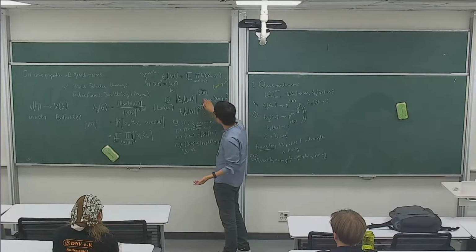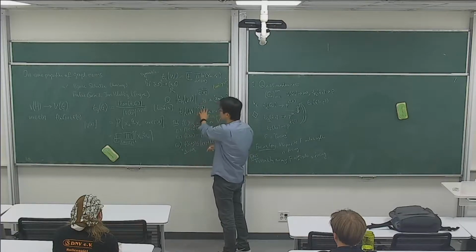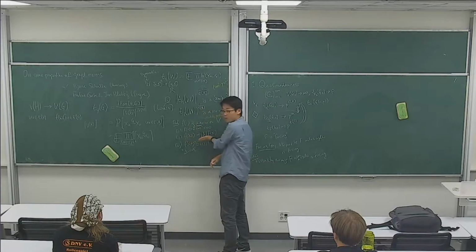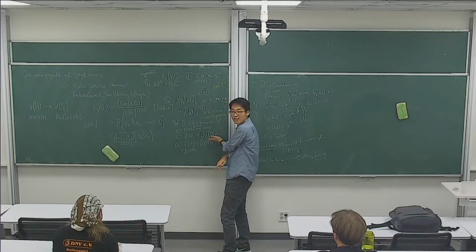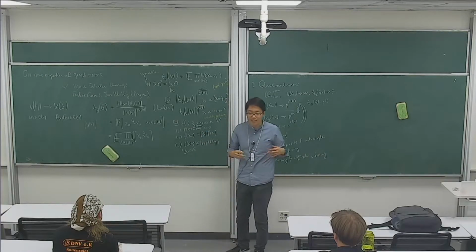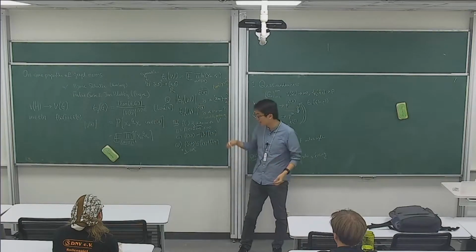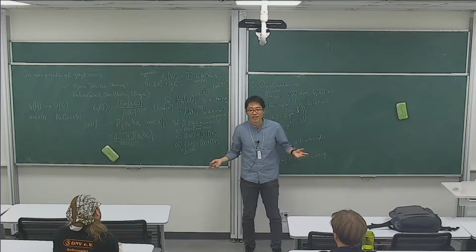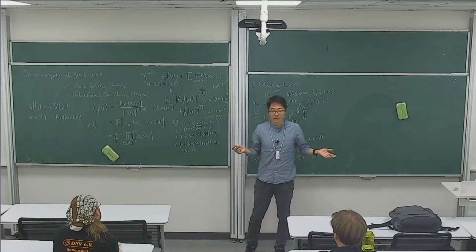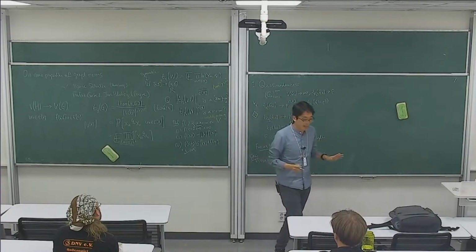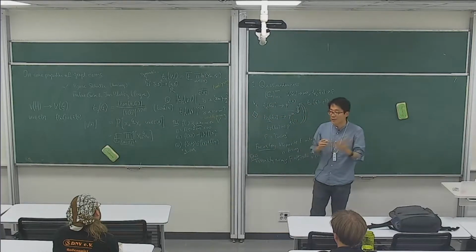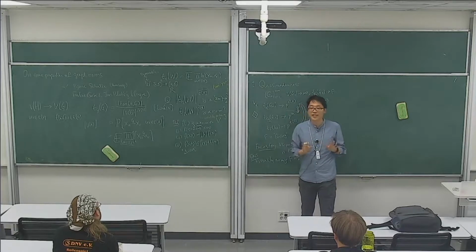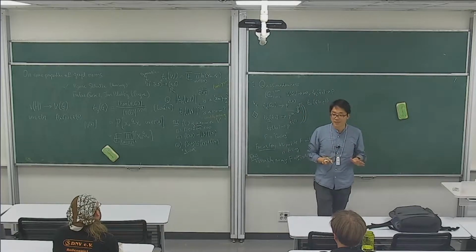I cooked up the exponent in such a way that this just works. The whole difficulty lies in this triangle inequality. If I have the triangle inequality, then I'm done. In other words, I'm interested in proving the triangle inequality. Okay?